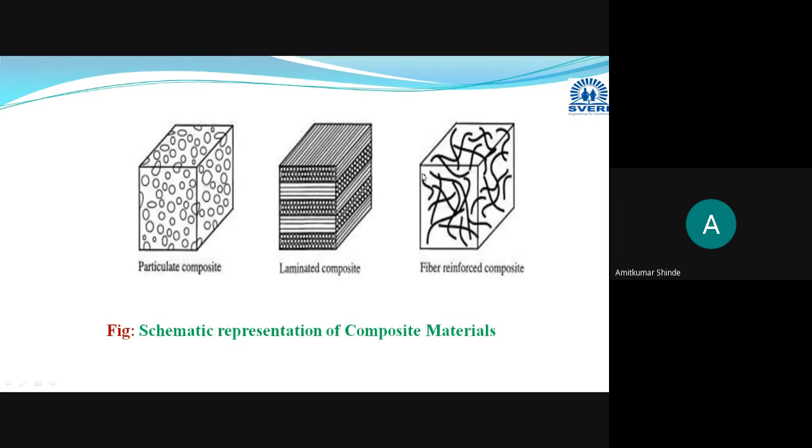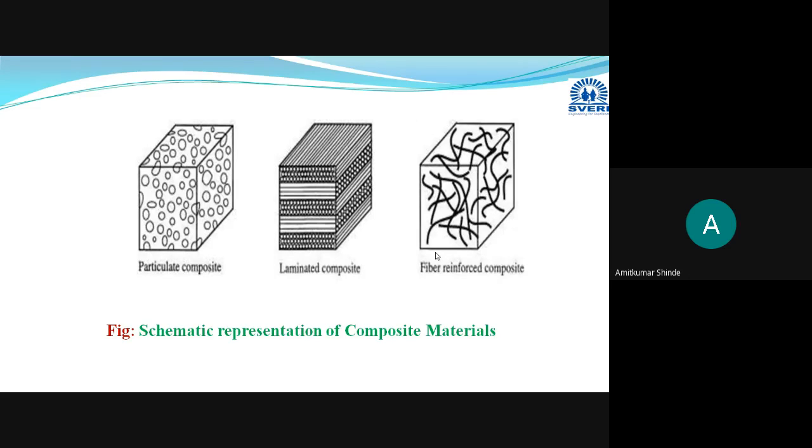Now related to the matrix material, it will bind these fibers. The matrix material provides the binding force that is required. The matrix material may also be metallic or non-metallic. Some examples of metallic matrix materials are elements like copper, aluminium, nickel, titanium, and you can use their respective alloys also.